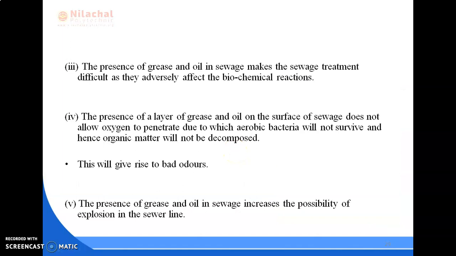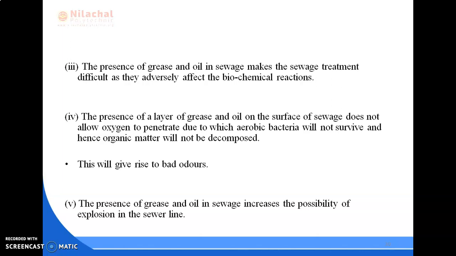The presence of grease and oil in sewage makes sewage treatment difficult as they adversely affect the biochemical reactions. The presence of a layer of grease and oil on the surface of sewage does not allow oxygen to penetrate, due to which aerobic bacteria will not survive and hence organic matter will not be decomposed.